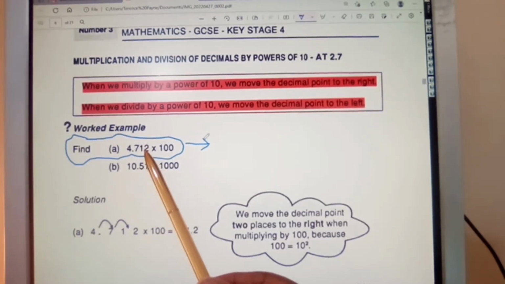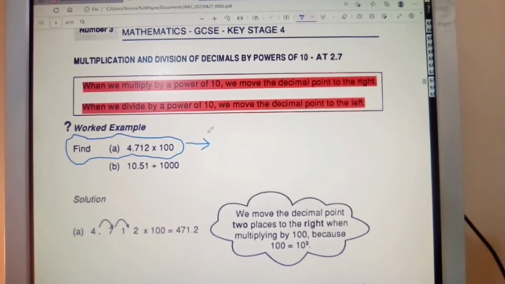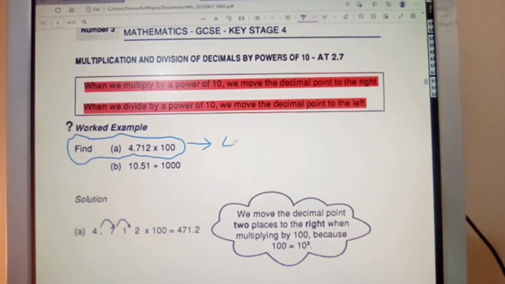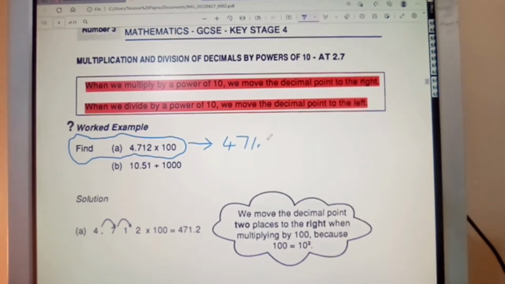Therefore, this number will then become 471.2.